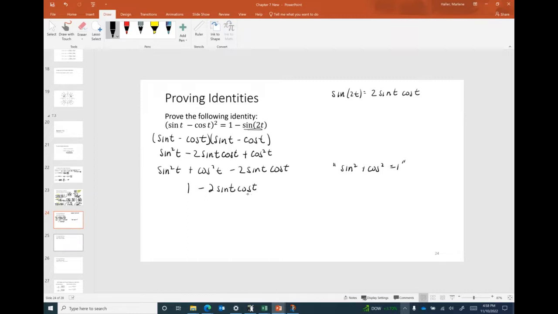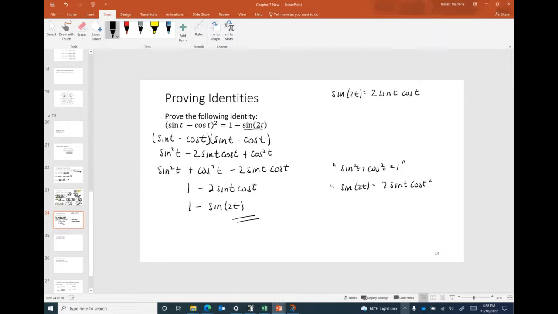And 2 sine t cosine t is an identity for the sine of 2t. So I can make that last substitution. Here's my reason over here: the sine of 2t equals 2 sine t cosine t, with my t's on there. So now I can make that substitution and we have our proof: 1 minus the sine of 2t.